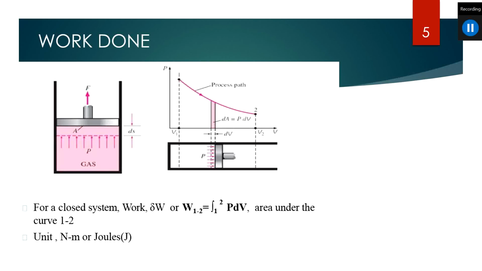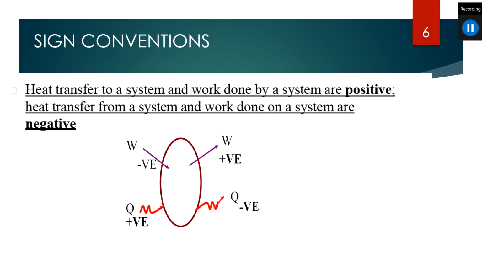Here work is done by the system, because this gas is acting with a pressure on the piston, and the piston is moving upward. So the work is done by the system. Now the sign conventions.